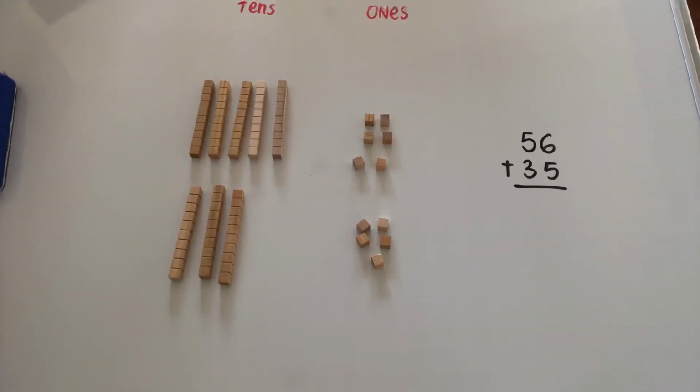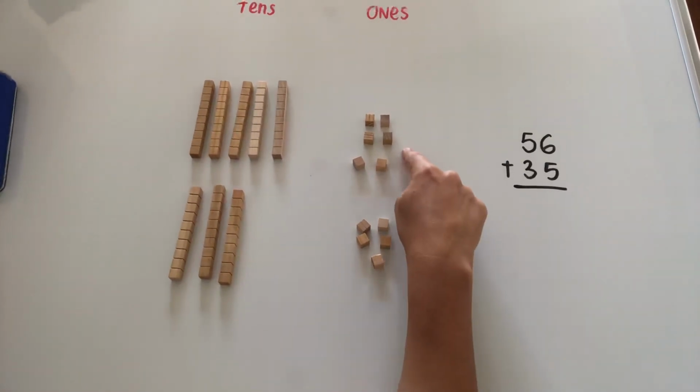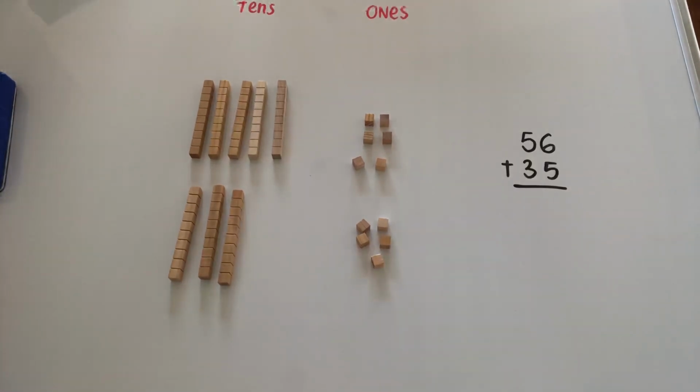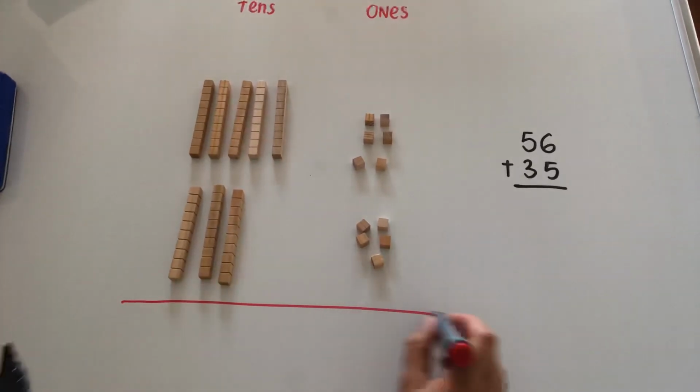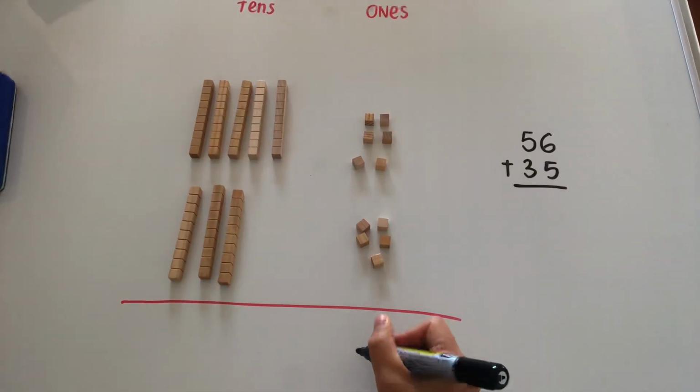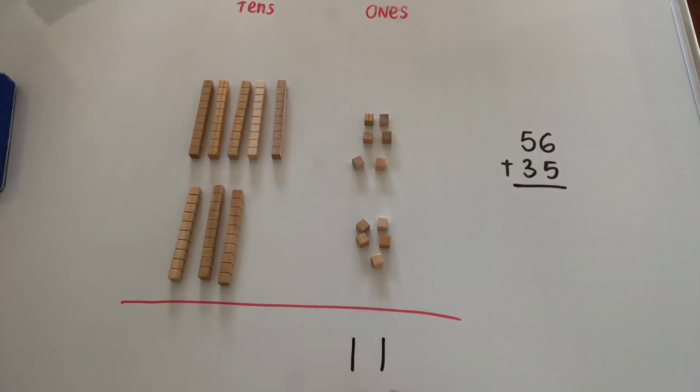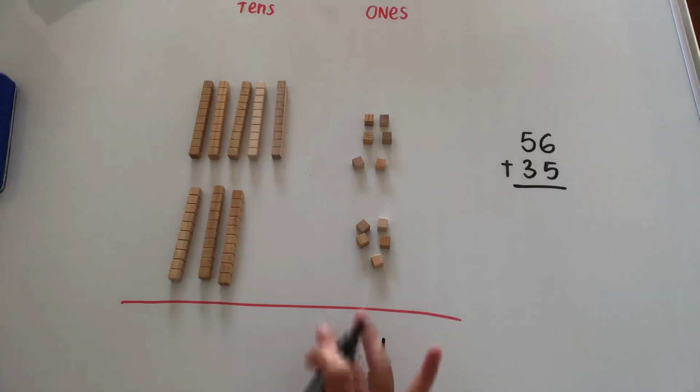The first thing we're going to do is add 6 ones with 5 ones. As we can see, 6 and 5 is 11. In our problem, we can't write 11 down in our ones column because there are 2 digits, and that would mean that a number would go into our tens place value column. So we need to rename 11. We see this as 11 ones.